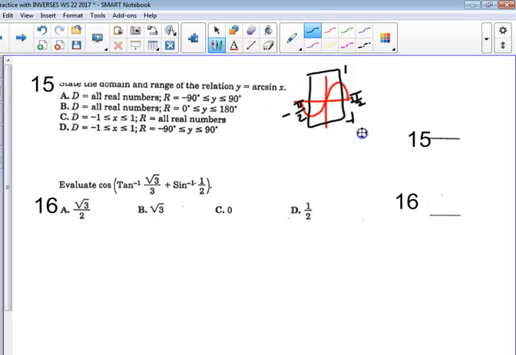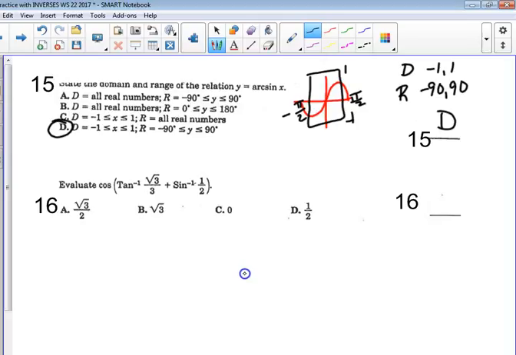But it flips when you do, because that was the regular sine graph. So the inverse sine, instead of being left to right, would be bottom to top. So they have degrees for some reason. So -90 to 90 would be the bottom to top, which is the range. And the domain would be -1 to 1, which is D.